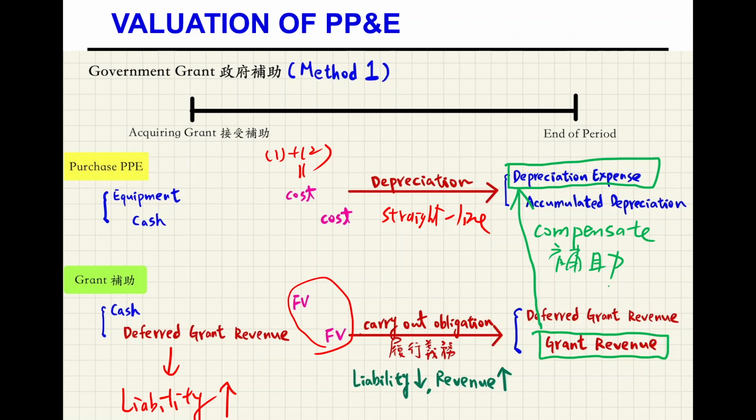Okay, so the government, you earn the grant revenues from the government to compensate your expenses. So that's the purpose, right? Government grant to make your company's numbers better.